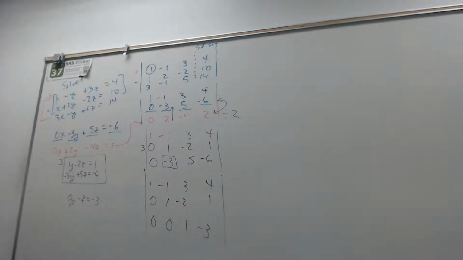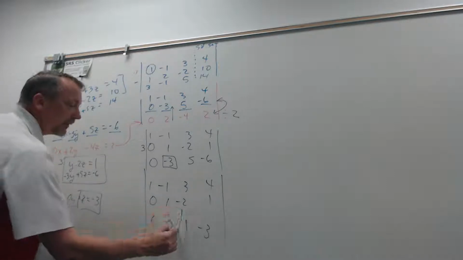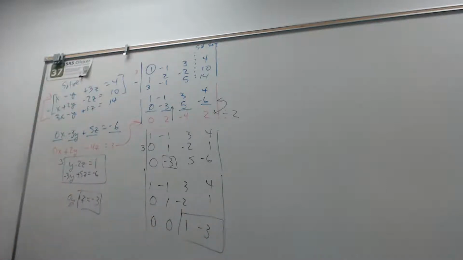Okay? Now, let's see here. This is a positive z. So I've got z equals -3, and this represents z equals -3. You agree with that? If I were doing it here, what would I do next?